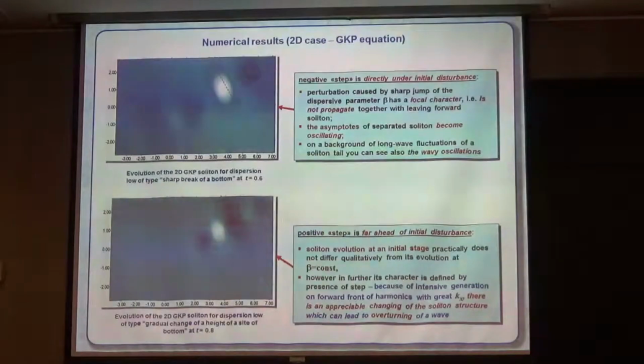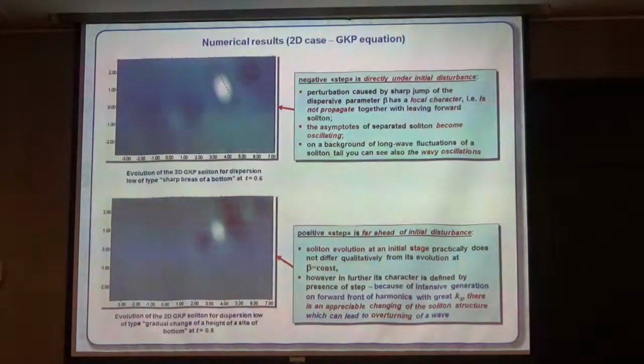The asymptotics of the separated soliton become oscillating, you can see. On a background of long wave fluctuations of a soliton tail, you can also see wavy oscillations.